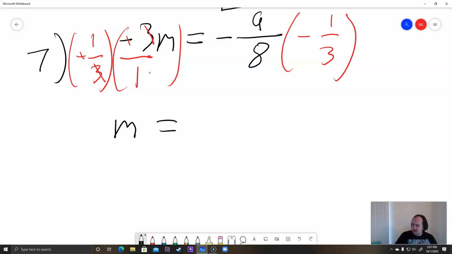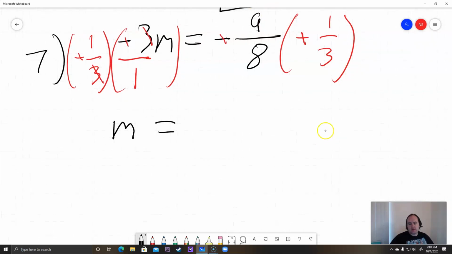On the right side, the minuses cancel, and we can simplify. The 9 and the 3 can both be divided by 3. So we divide the 9 and the 3 on the top and the bottom by 3. 9 divided by 3 on the top gives us 3, and on the bottom, 3 divided by 3 is 1.